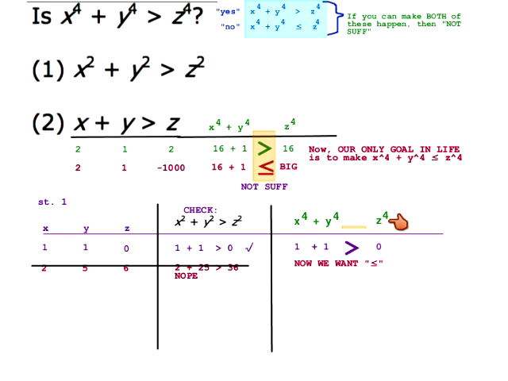So if you have a 5 here and one of these is also 5, that's definitely not going to happen, because something else to the fourth plus 5 to the fourth is definitely going to be bigger than 5 to the fourth. So there's no point in trying that.